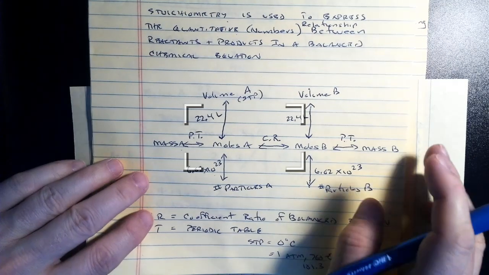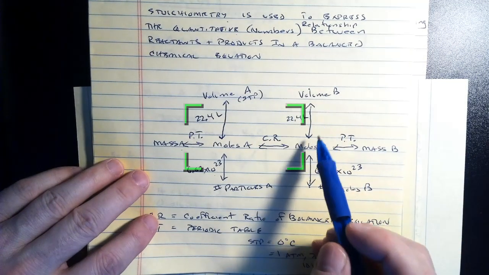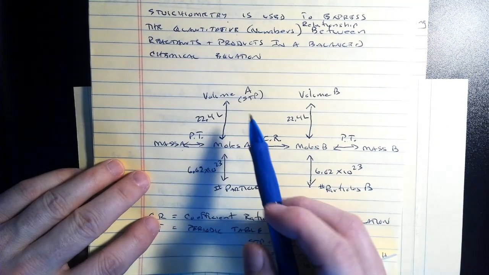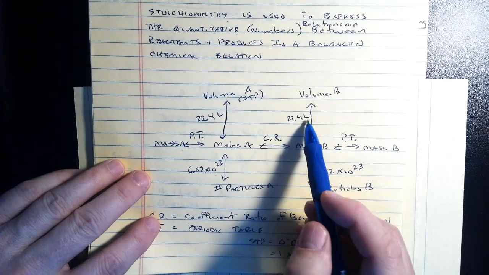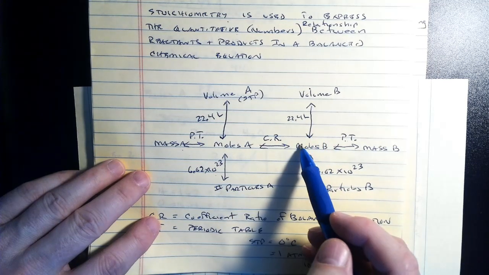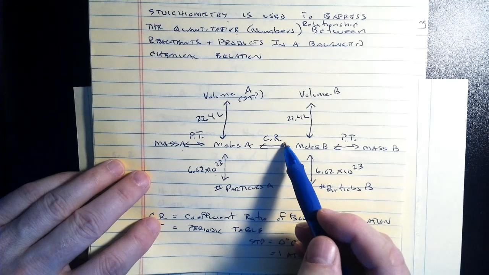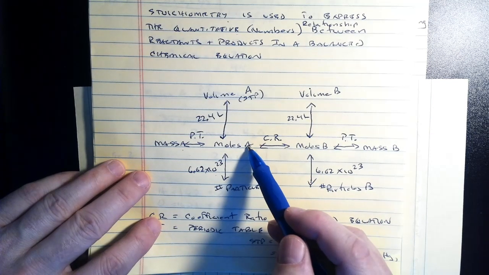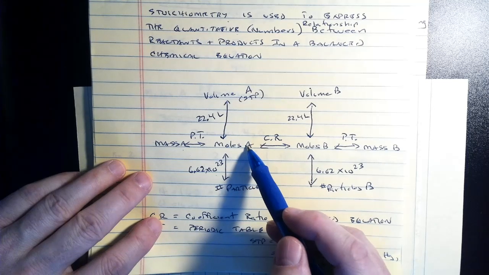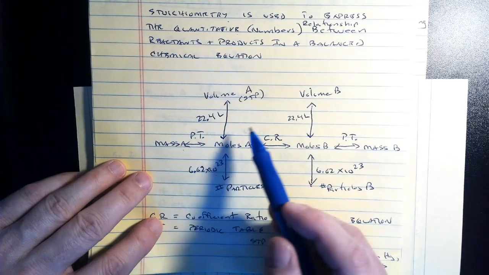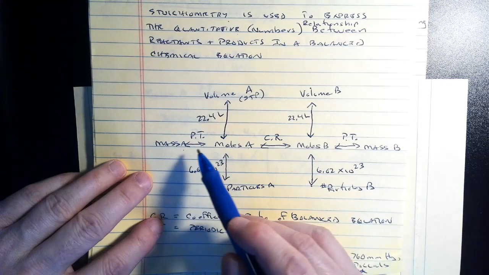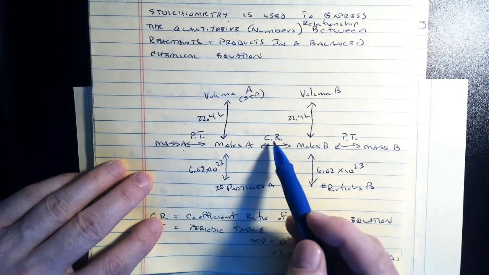And if we look at this, here's your roadmap. Volume B to mass A: first step, you go to moles B, then you use the coefficient ratio to go to moles A, so you're switching compounds or elements, and then you go to mass A. So that's 1, 2, 3 steps because you're crossing the threshold here.